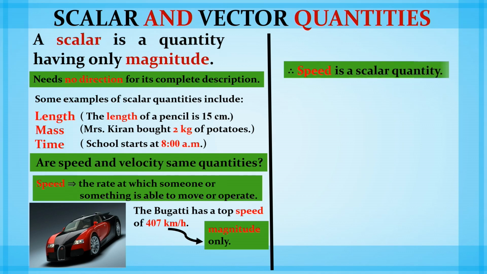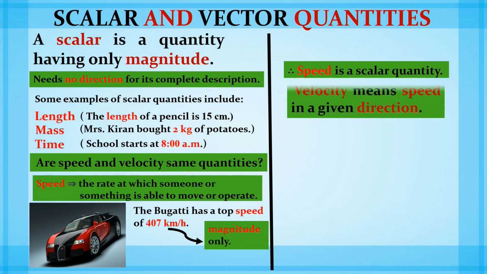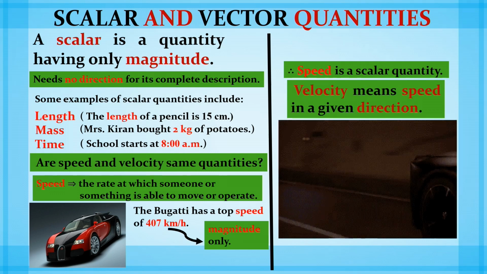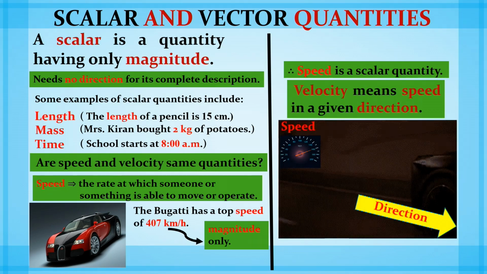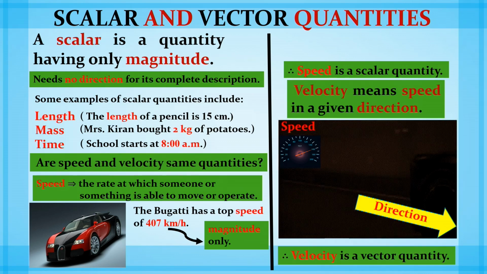Therefore, speed is a scalar quantity. Now, velocity means speed in a given direction, which can be illustrated by the movement of a car at a certain speed in a given direction. Therefore, velocity is a vector quantity. Thus, speed and velocity are not same quantities.